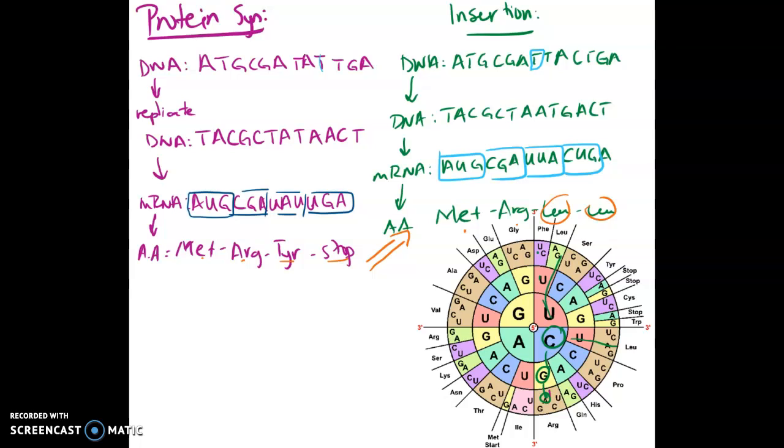Right? And then if a trait changes, it could either give you a disease or it could prevent you from having something. So it depends on what the gene is. It depends on what trait it controls.